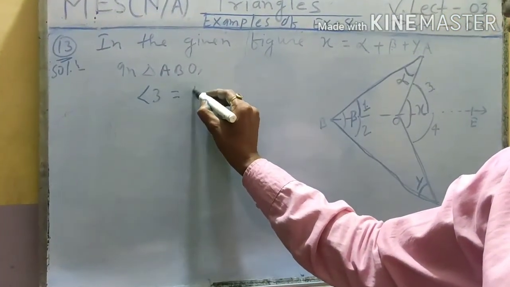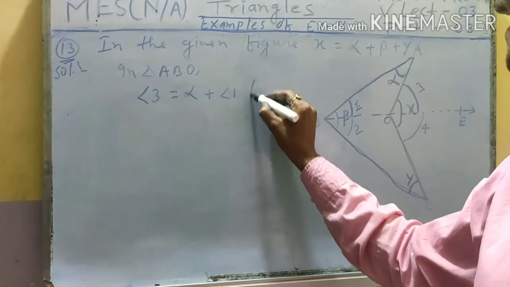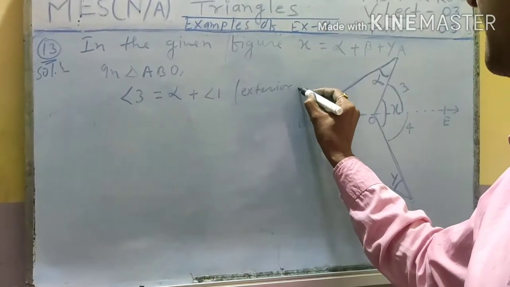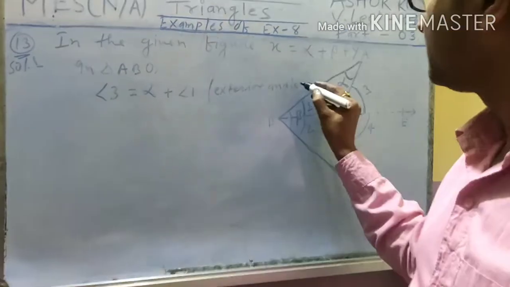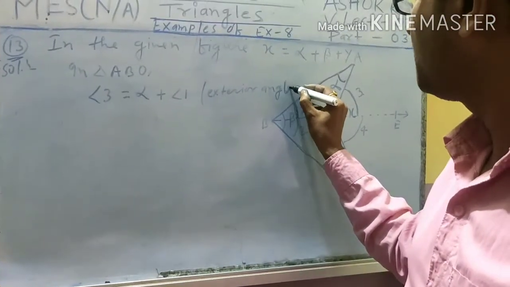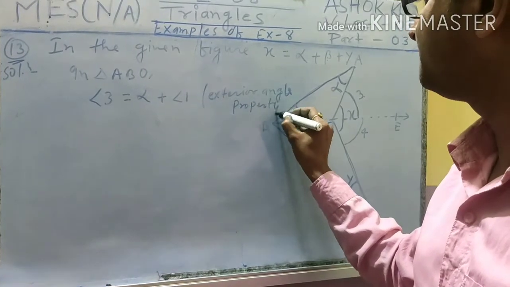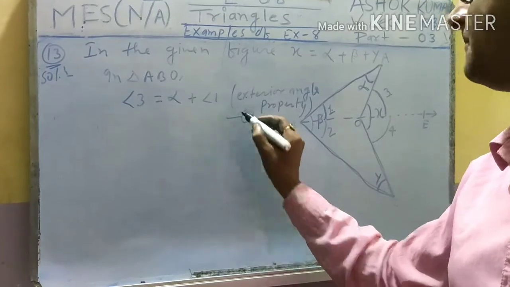Write down exterior angle property. This is equation first.